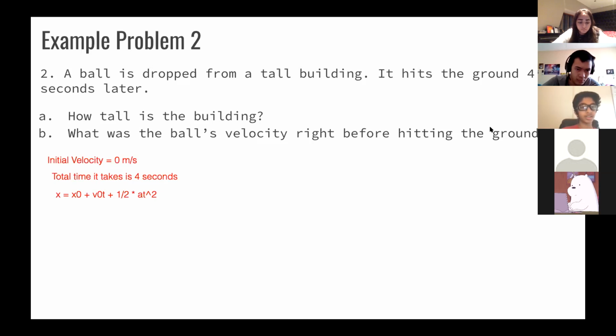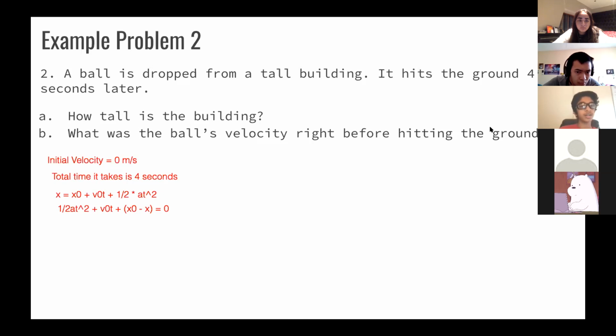Now we have a quadratic equation where we have 1/2 AT squared plus V0 t plus x naught minus x equals 0. This is a quadratic equation where t is your usual x, and we usually have ax squared plus bx plus c.